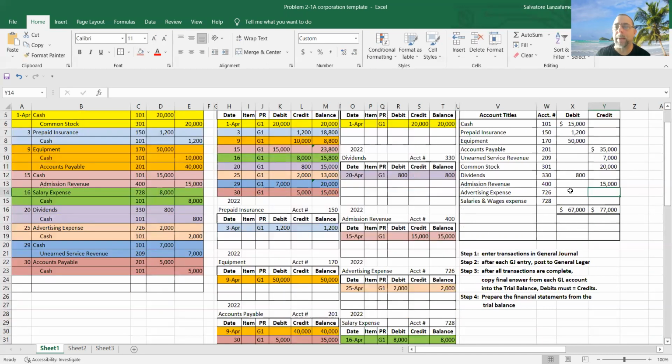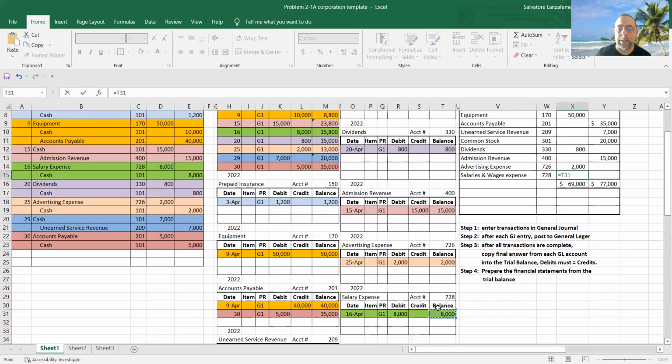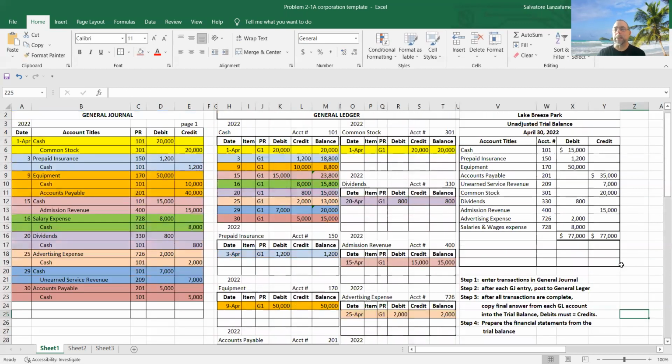And then we have advertising expense. That is a debit aid account. Ends up on the debit side. And then we have salary expense, another debit aid account, ends up on the debit side. And take a look at my balance. I got 77,000 on the debit side, 77,000 on the credit side. Okay.